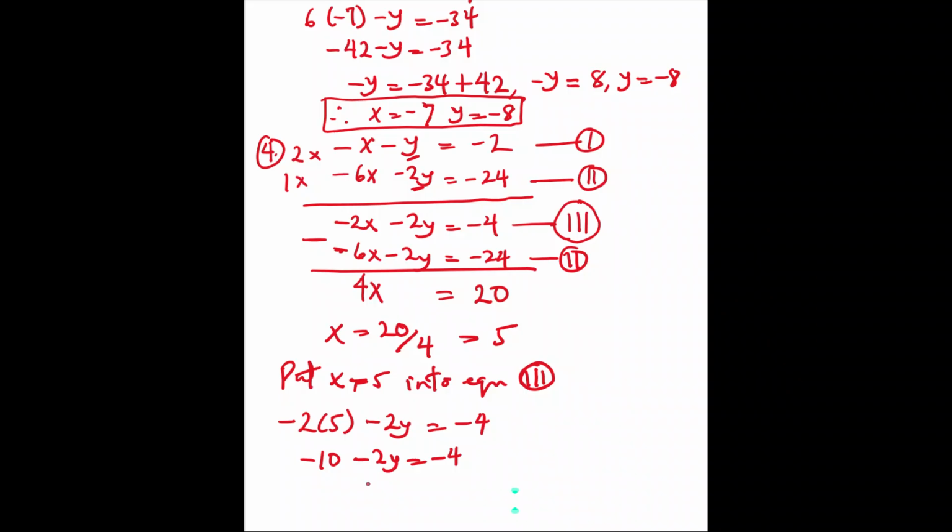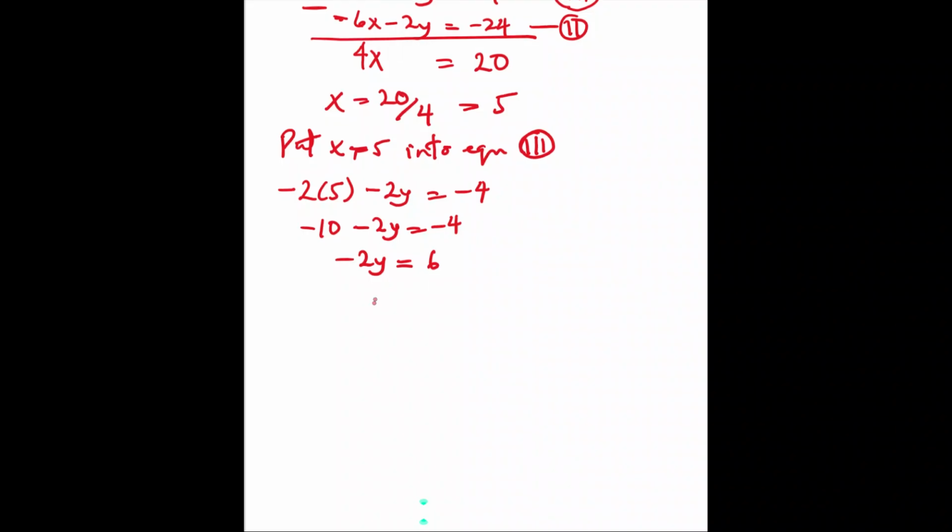Minus 10 minus 2y equals minus 4, so minus 2y equals minus 4 plus 10, which gives us 6. So we have y equals 6 divided by 2, which gives us minus 3. So therefore x equals 5 and y equals minus 3.